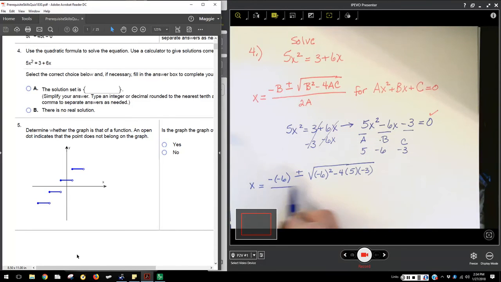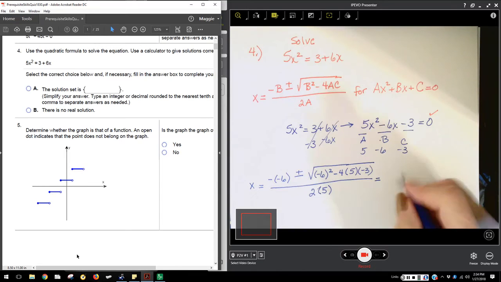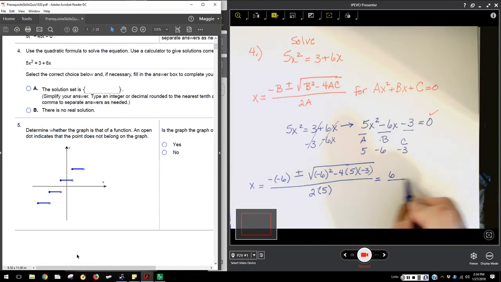And that's all divided by 2 times a, which is 5. And the opposite of negative 6 is positive 6. And 2 times 5 is 10.